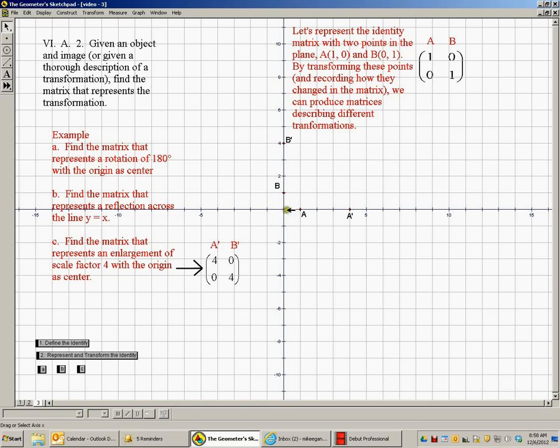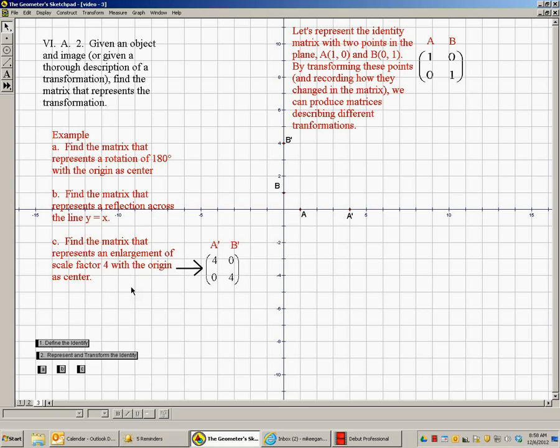So the distance from the center to A prime has to be 4 along this line, so A prime ends up over here at (4, 0). Similarly, the distance from the origin to B is 1, so the distance from the origin to B prime has to be 4 times that distance, and hence it's a distance of 4 in this direction, so B prime ends up at (0, 4). Here's your matrix representing the enlargement with a scale factor of 4 with the origin as center.